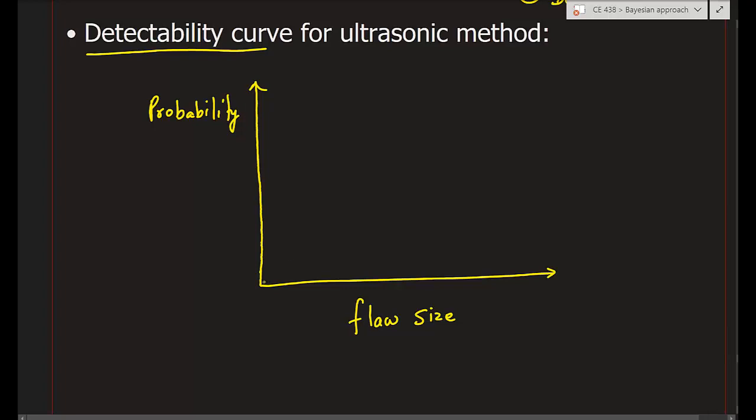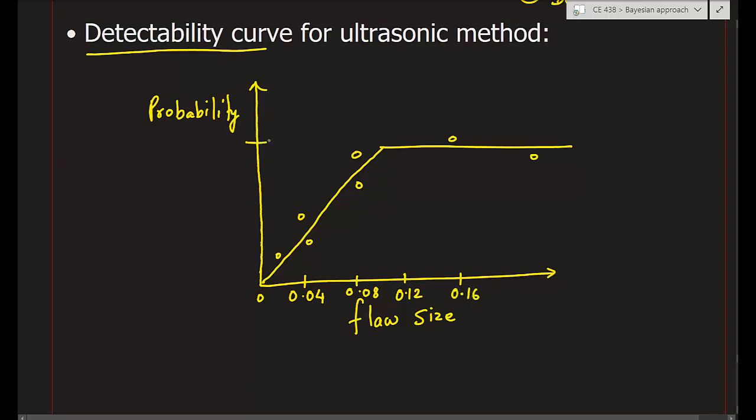So let's say in this case we have a curve of this kind. This curve is coming from some measurement points. So this is 0, this is 0.04, this is 0.08, this point is 0.12, and finally I have 0.16, and this number is 1.